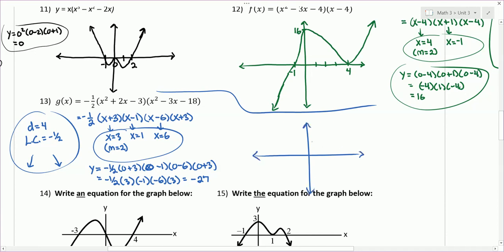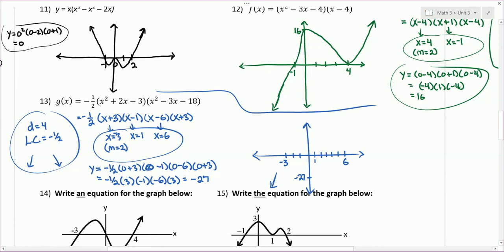Y-intercept down at negative 27. X-intercepts at 1. Should be negative 3. And positive 6. Start with the left end pointed down.